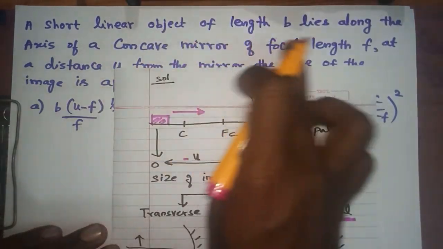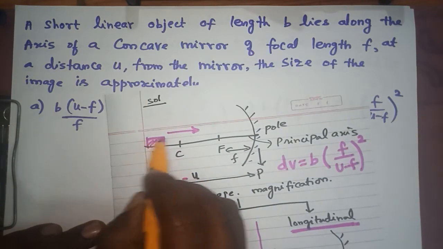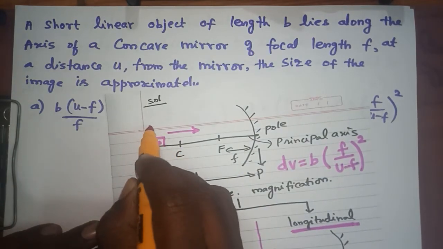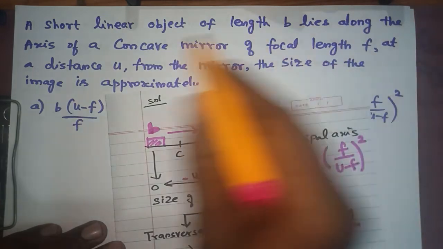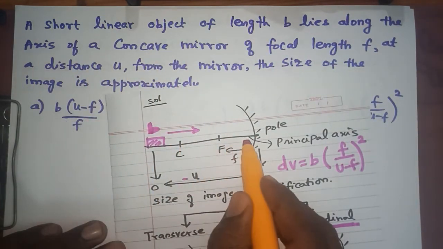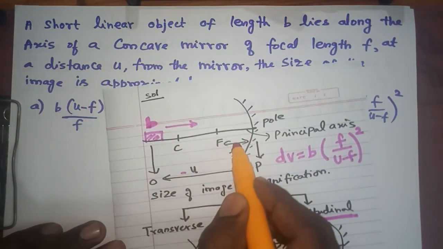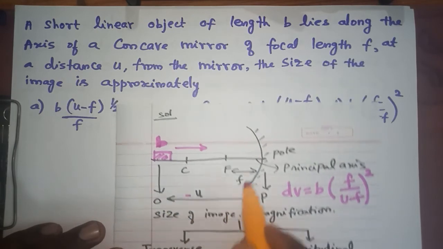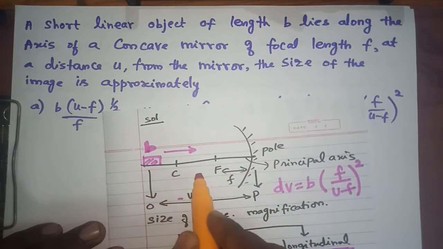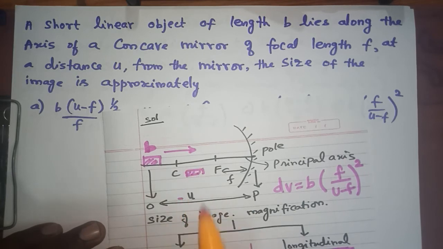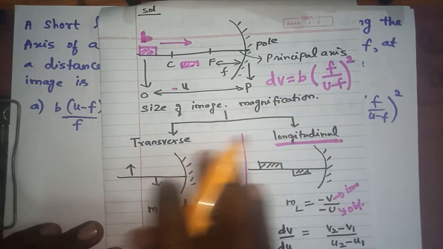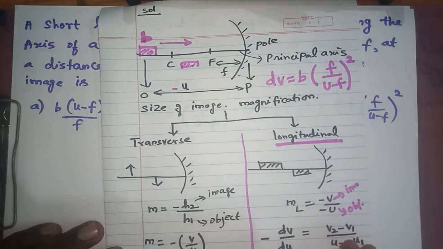A short linear object of length b lies along the axis of a concave mirror of focal length f at distance u from the mirror. We have to find the size of the image. Since there are two types of magnification, I am taking the longitudinal magnification, as it lies along the principal axis.